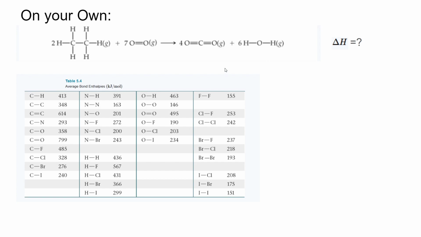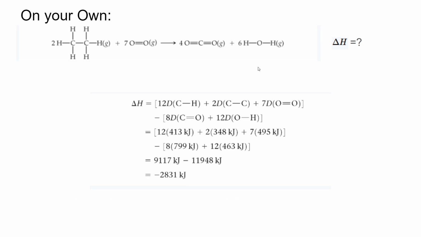Okay, so in this scenario, you have 12 of the C-H bonds. So that's in here because you have 6 of them multiplied by the 2 out in front. You have 2 of these C-C bonds because you have the 2 out in front. 7 of these O=O bonds, and then you're subtracting the bonds that you formed.